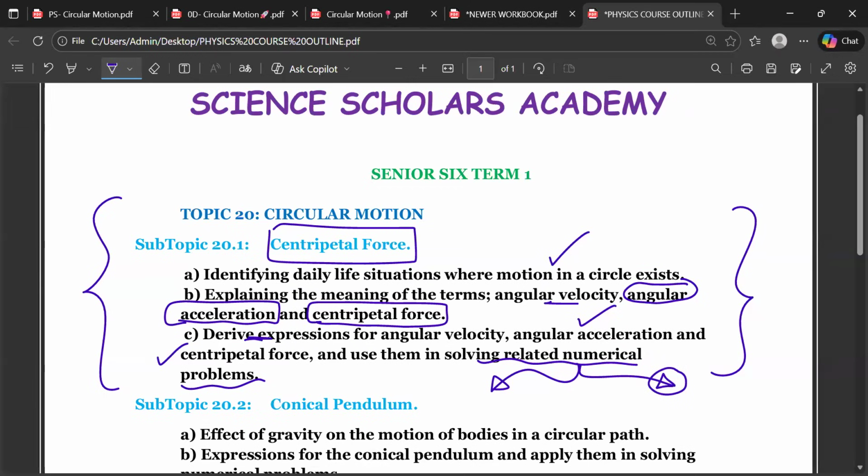Some books confuse the horizontal circle with the conical pendulum. They have a few things in common, but for now we are going to separate them. We are going to have the basic horizontal circle, then we shall look at the conical pendulum on its own. But still for today, we are going to have some conditions of the horizontal circle perfected, learned and understood.